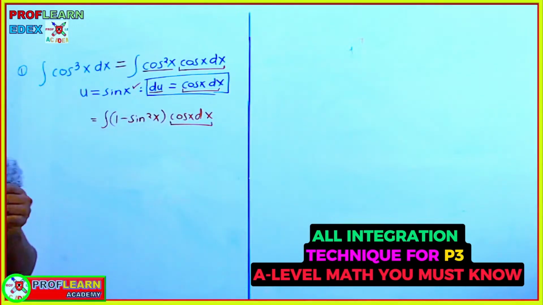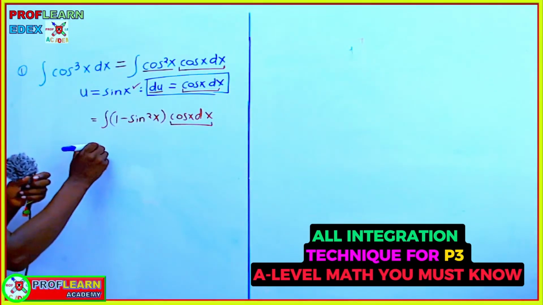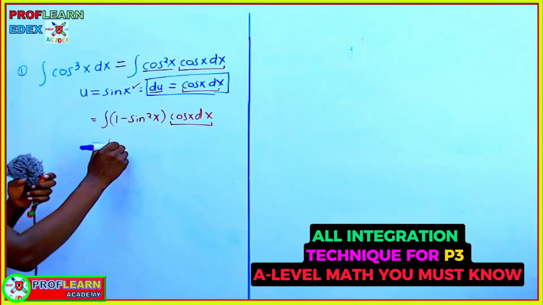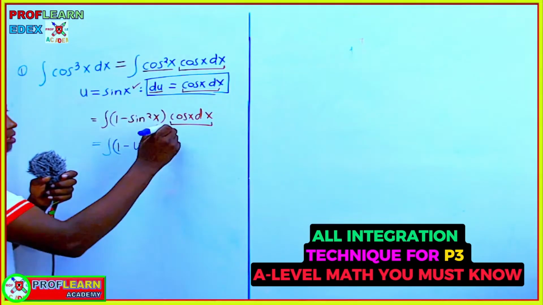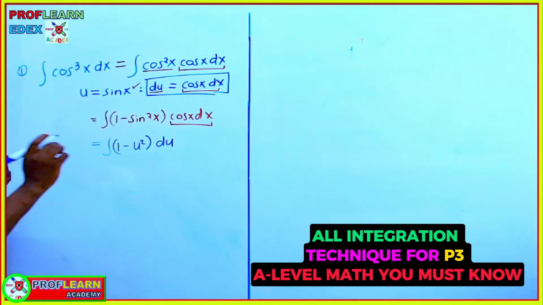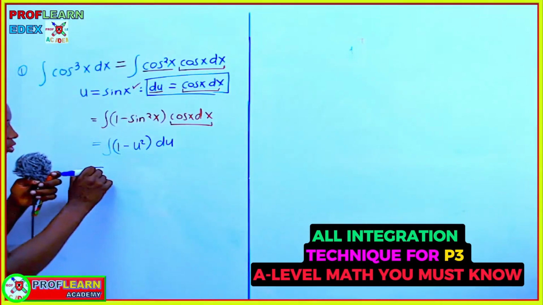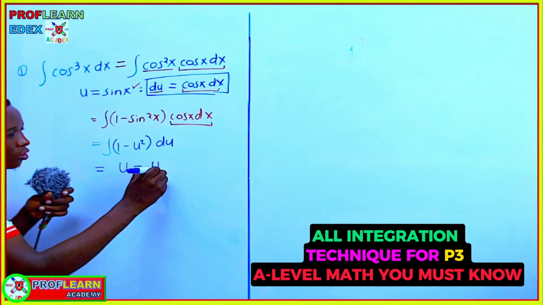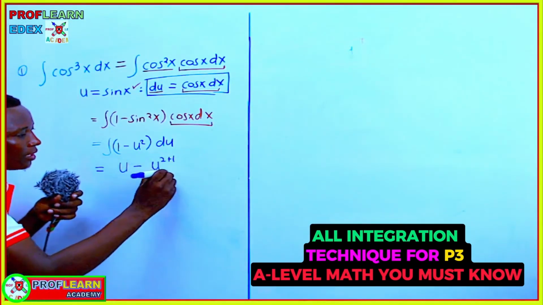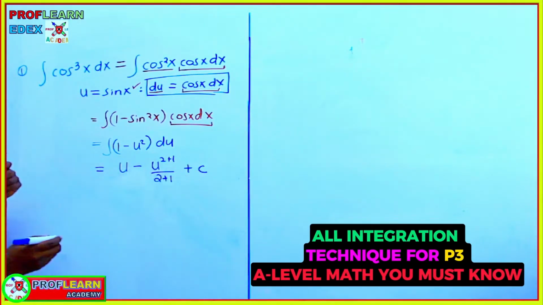So this is going to be integral of 1 minus u squared du. At this given point, we can integrate term by term, and this is going to be u minus u cubed over 3, then plus c.